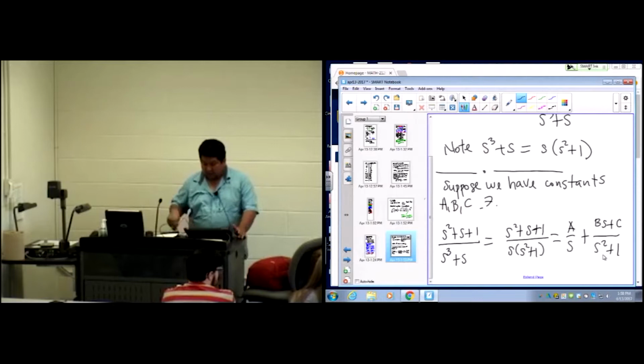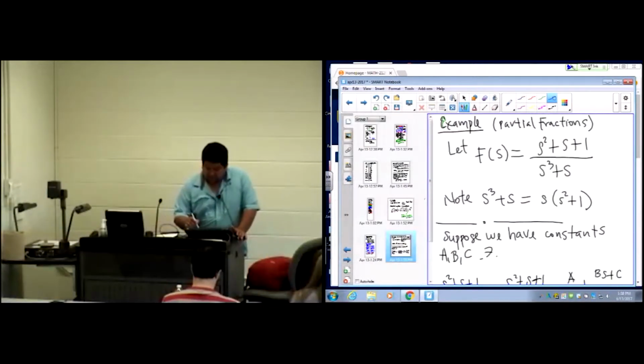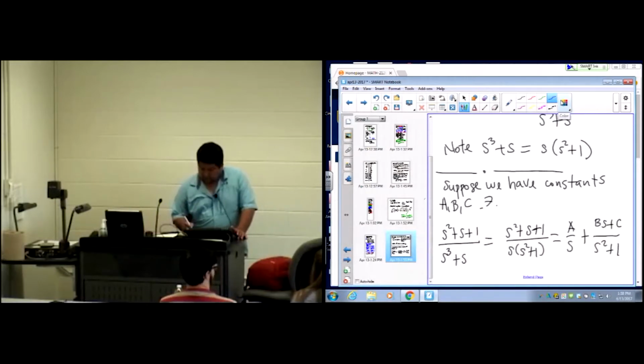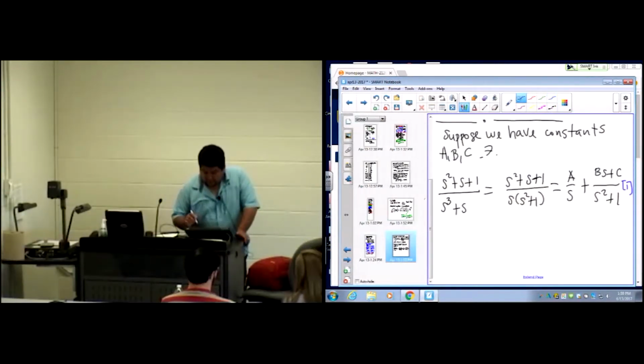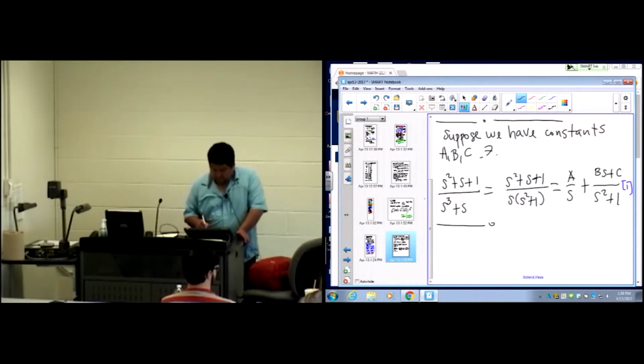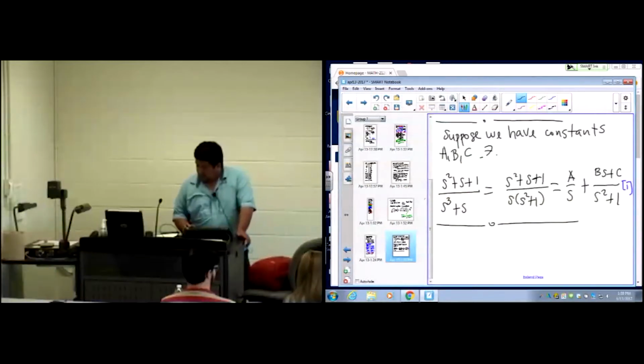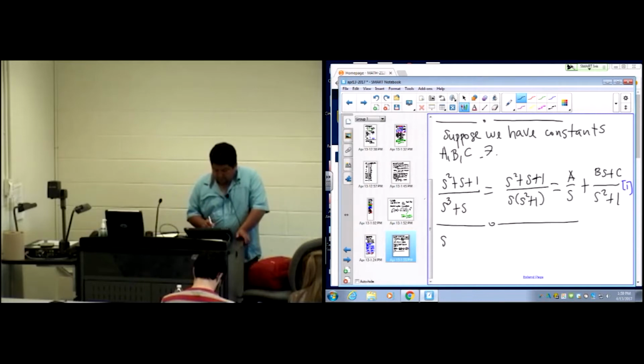I'm going to do what I normally do if I'm adding two fractions. Common denominator would be s times s squared plus 1. That means I divide that by s, and then here I get A times quantity s squared plus 1, and divide this by the other denominator and get s multiplying that. So we get Bs squared plus Cs. Now I'm going to call this number 2.